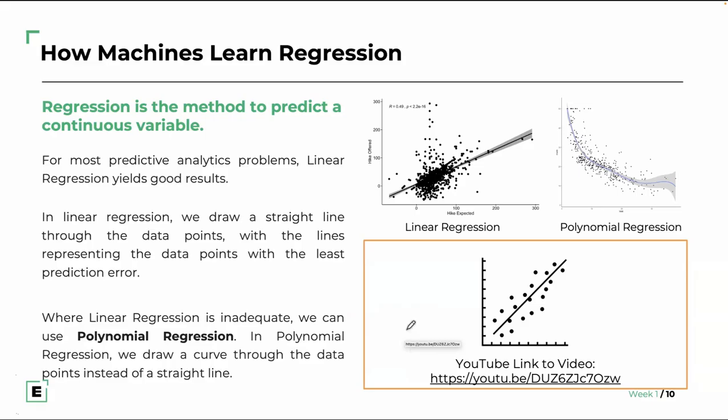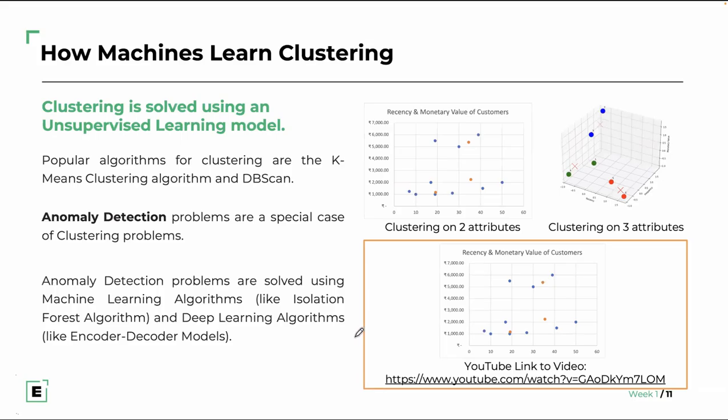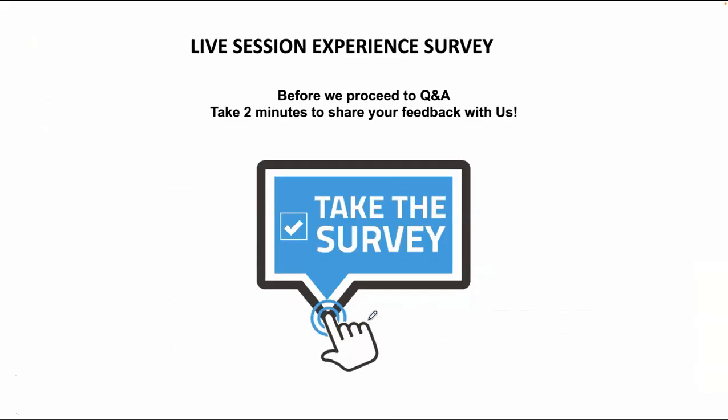Go through them and see how a machine learns to do linear regression. Similarly, I've given another video on how a machine learns to do clustering. You can learn from this video. If you have any questions, I'll take them in next week's class.